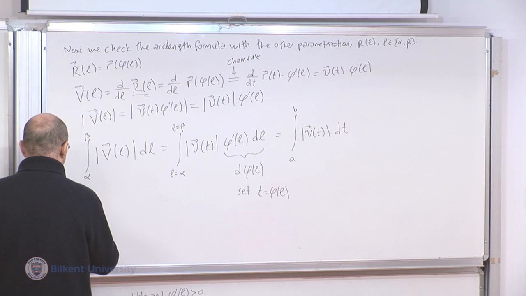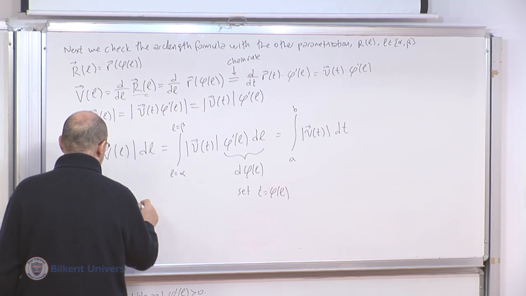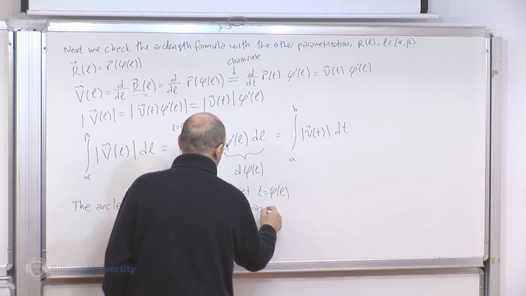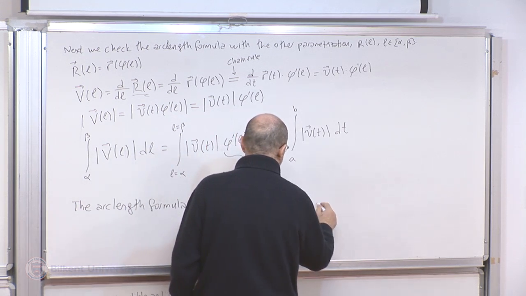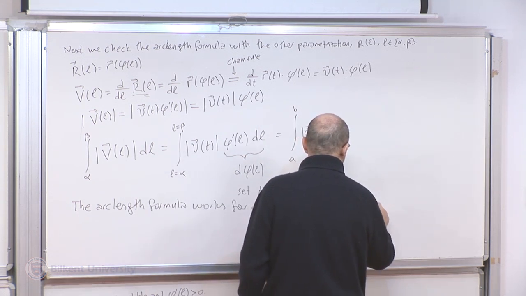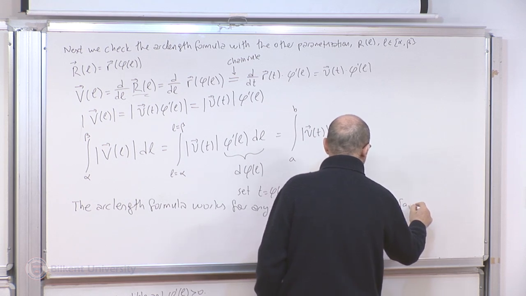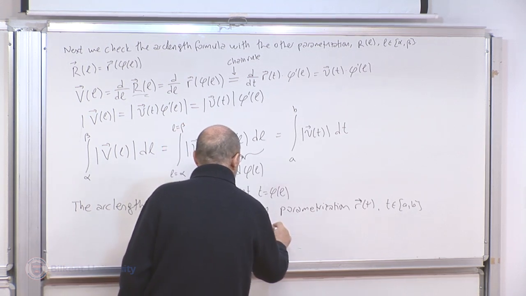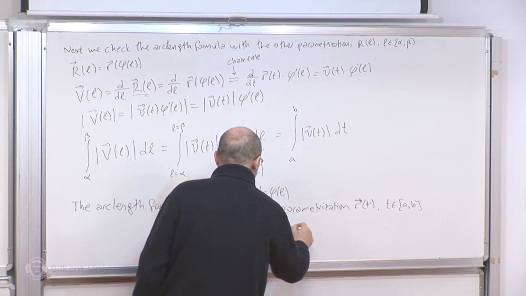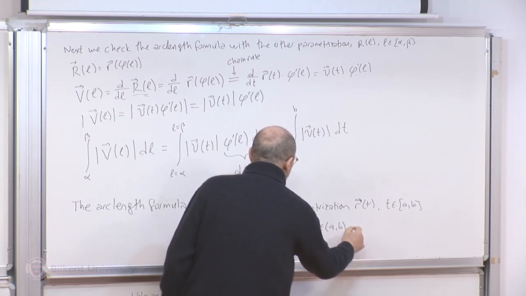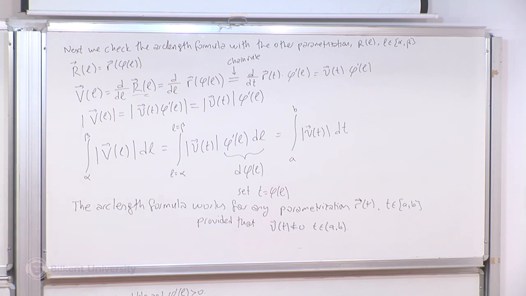The arc length formula works for any parameterization R of T on [A, B], provided that the velocity vector at T is different than 0 for T in, again, another technical detail that you will be happy about: it is enough that the velocity vector is different than 0 only on the interior.